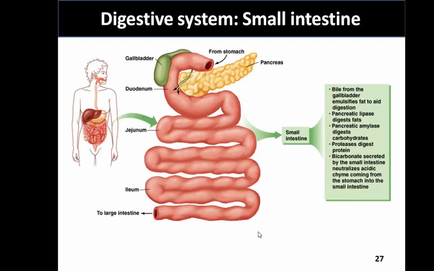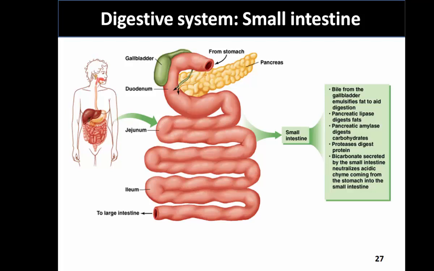So this is an illustration that I think nicely summarizes the small intestine from the stomach into the duodenum, the longer jejunum, and the very long ileum, where it eventually moves into the large intestine. And the small intestine is a very critical component of the digestive system, because not only is it the site of nutrient absorption, but is also a very important site for chemical digestion and interaction with the accessory digestive organs.